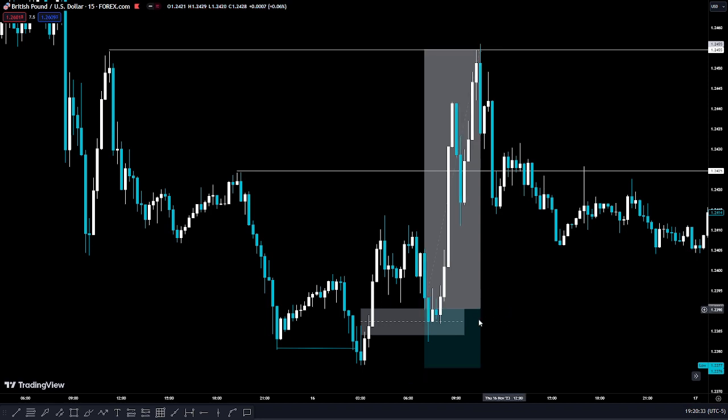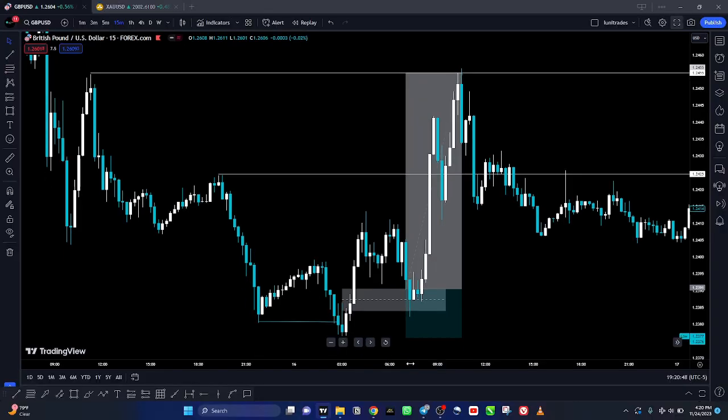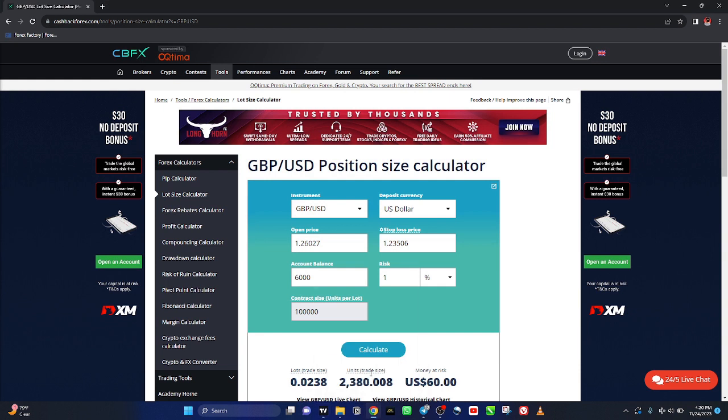So your entry point, you have it, as you check to your right. This is 1.2391. Then we have our stop loss at 1.2376. You go to a calculator. I will put the calculator I use in the description, with a link.